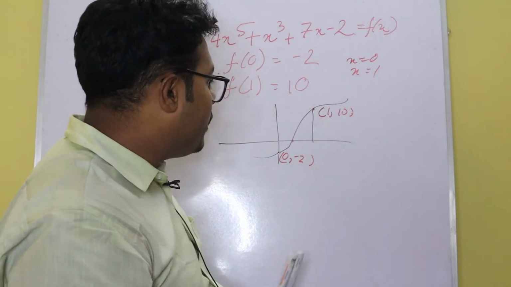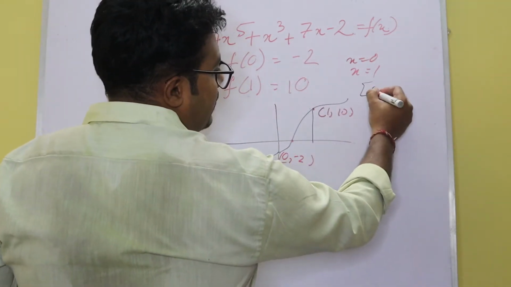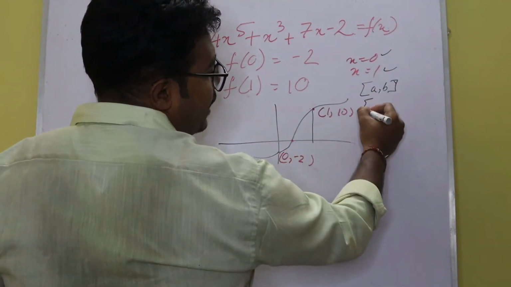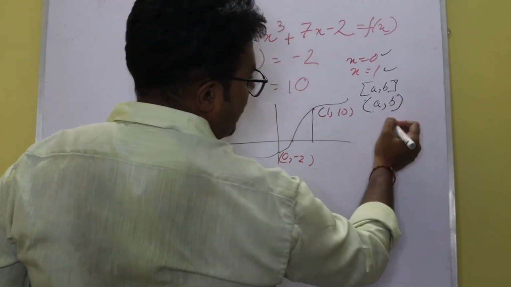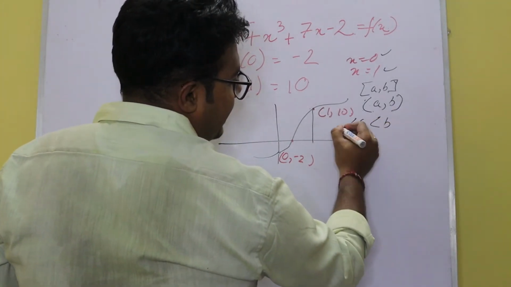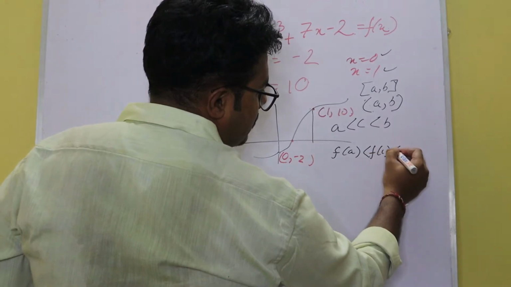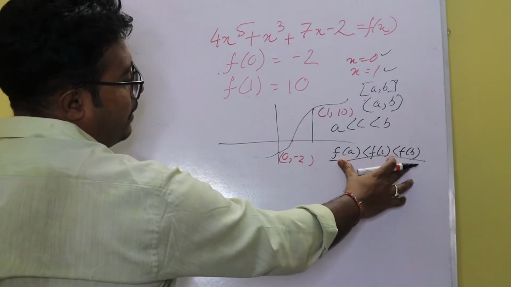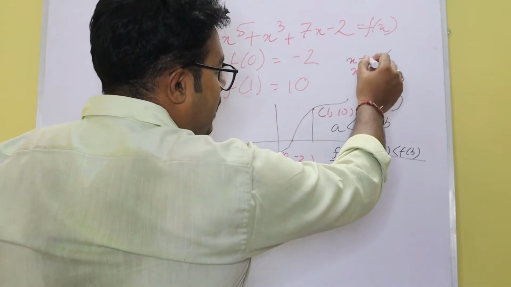According to the intermediate value theorem, if a function is continuous within this closed interval [a, b], where a is 0 and b is 1, and it is differentiable within this open interval (a, b), then there will be a value c which is less than b and greater than a, such that f of a... And if we make an analogy of this part with this graph, what we can say is that there will be at least one real root between 0 and 1.